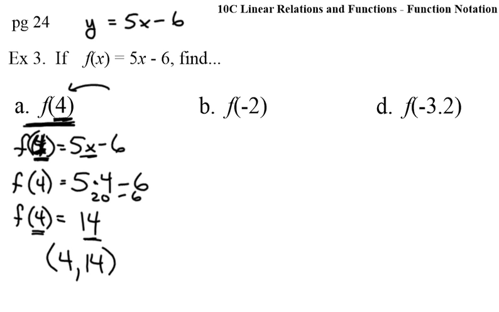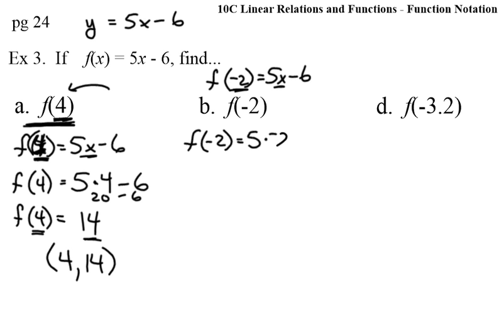Same thing. F at negative 2 is equal to 5x minus 6. Well, this time, our x value is negative 2. So we want the function at negative 2 to be 5 times negative 2 minus 6.